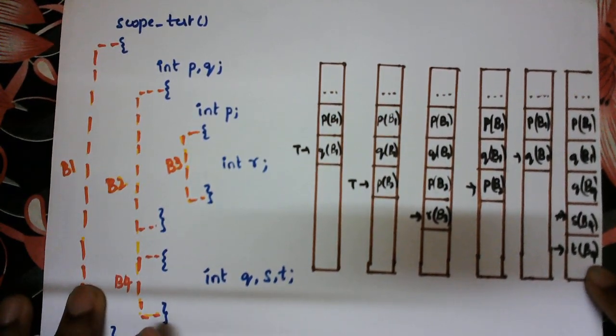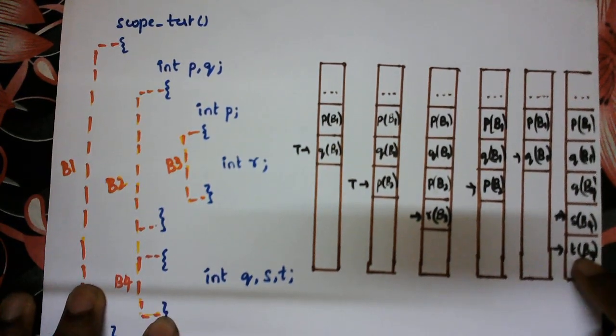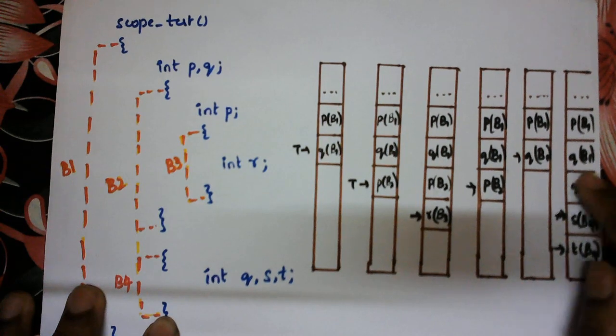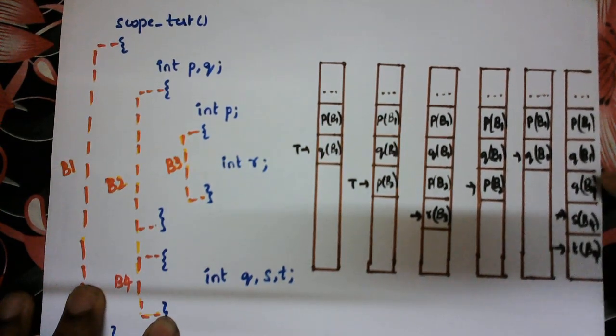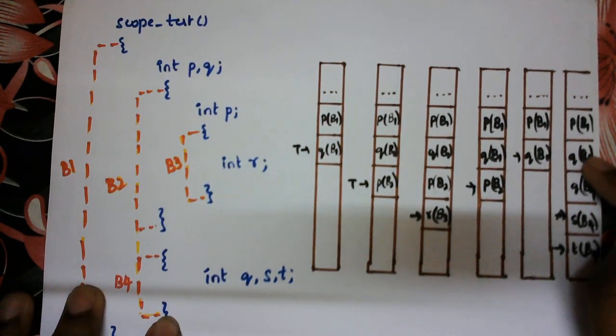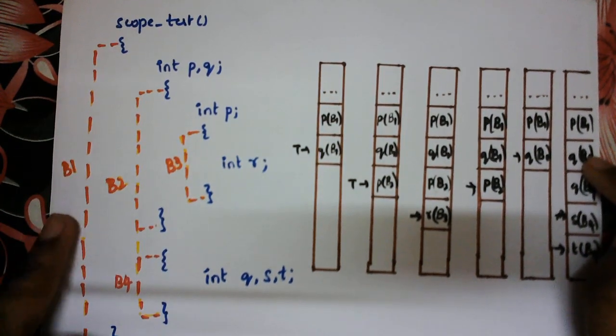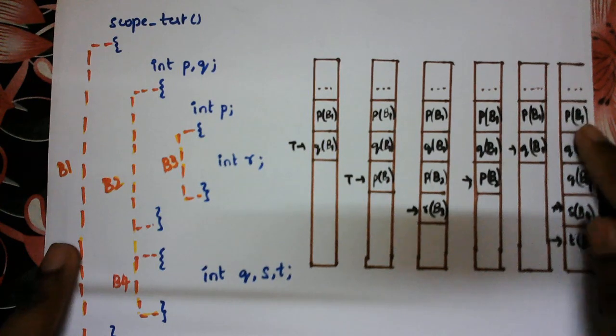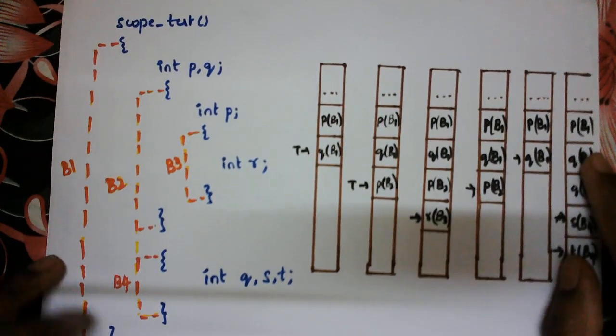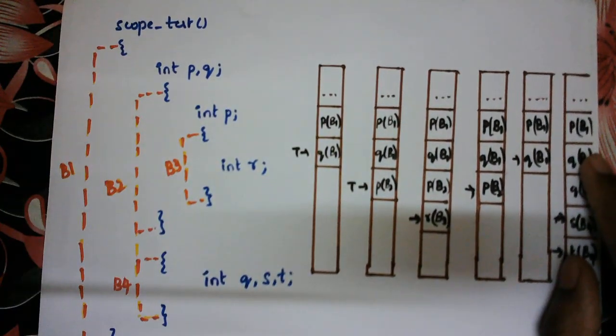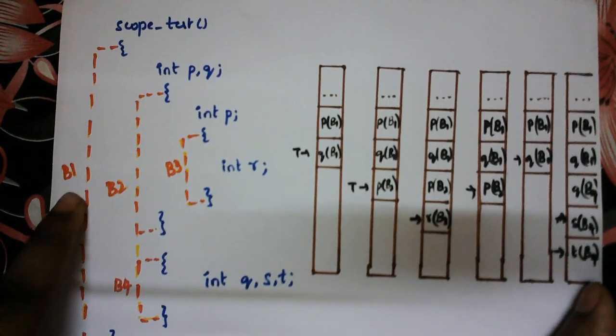When we come out of the closing brace of block 4, we will remove T of B4, S of B4 and Q of B4 from the stack, so that we can access Q of B1 right now when we are here. When we close the brace of B1, we will remove Q of B1 and P of B1 from the stack, meaning we cannot access any of them outside of this scope test function, that is the B1 block.